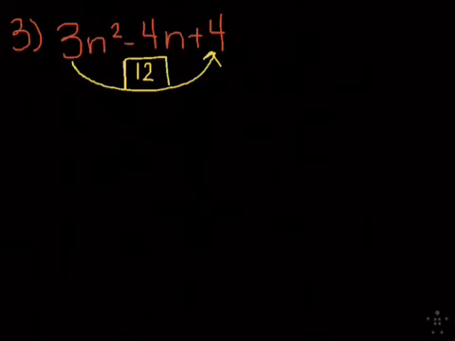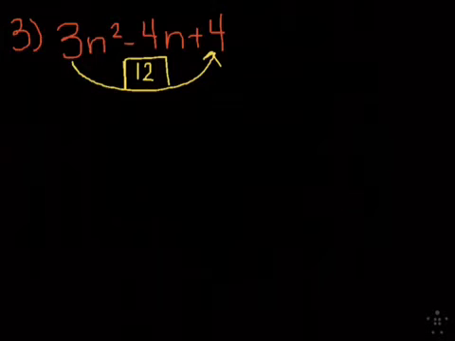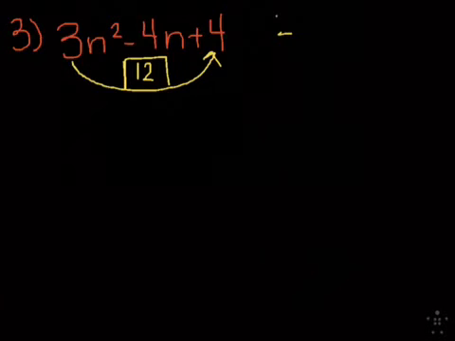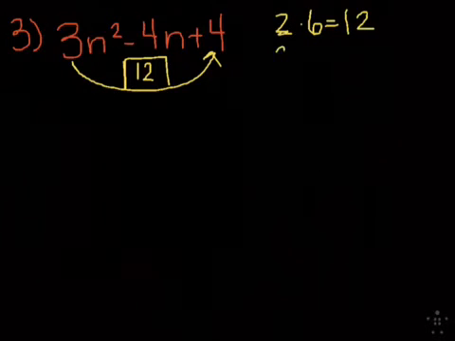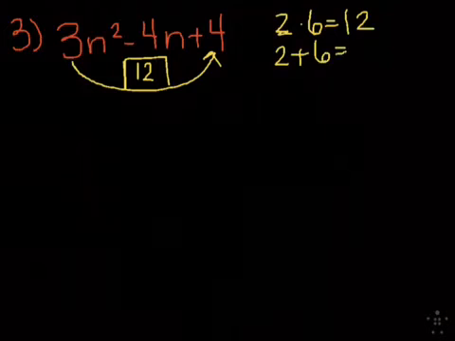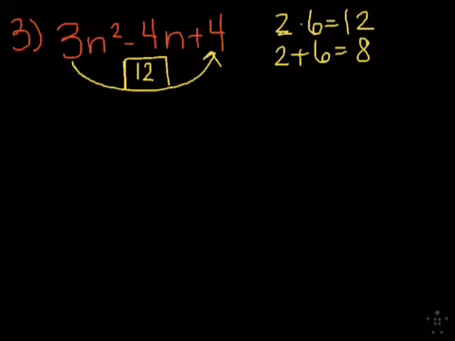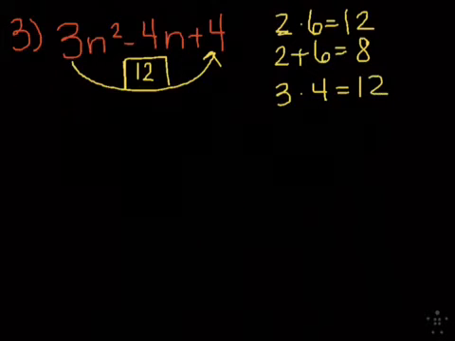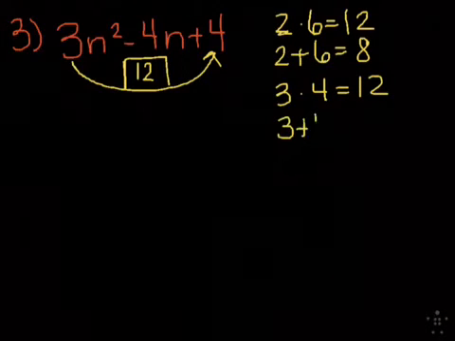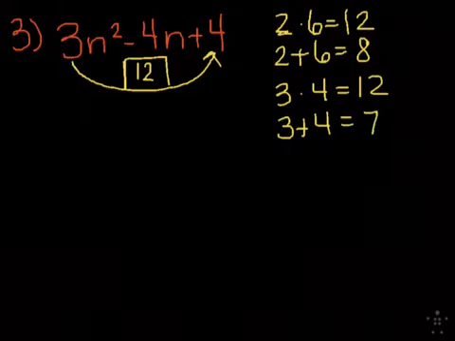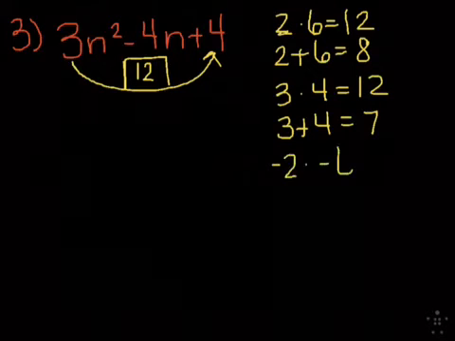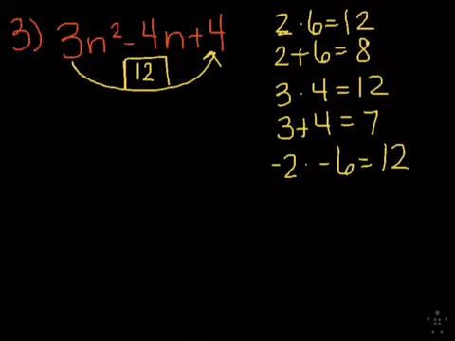So let's see. Positive 12, that's 2 times 6. That's 12. But 2 plus 6 is 8. Okay, so 3 times 4 is 12. 3 plus 4 is 7. If I do the negatives, that's 12.